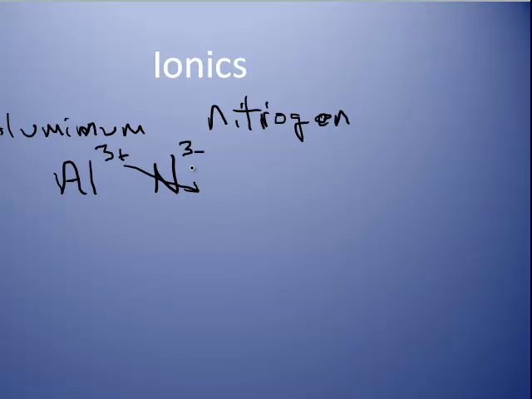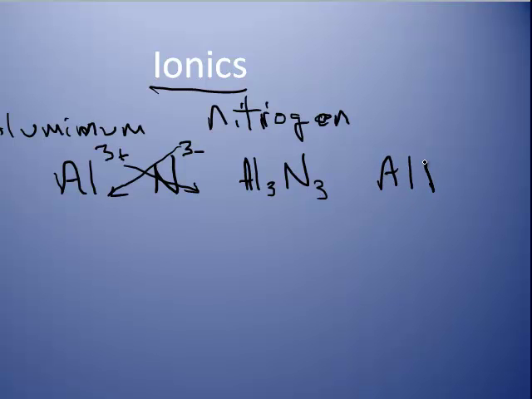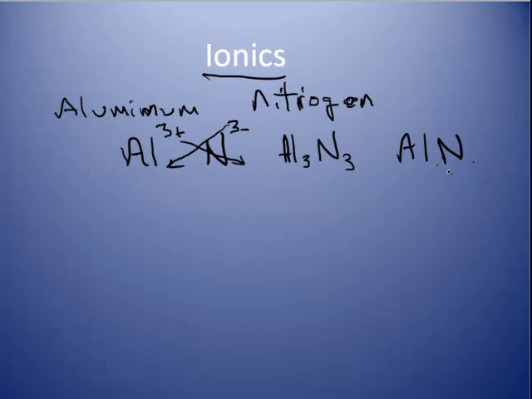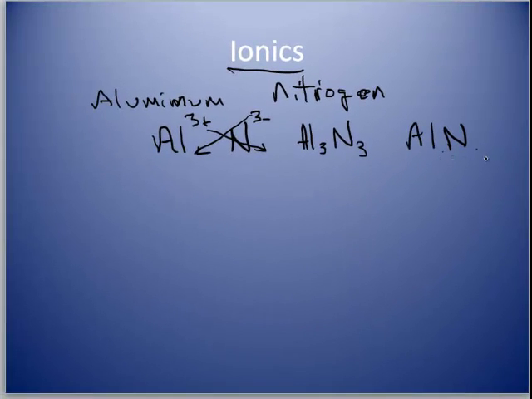So when we crisscross these two, the formula is going to be Al3N3. But remember, like what we said in class, when you have ionic compounds, we write them in the lowest whole number ratio. So Al3N3 would reduce to AlN. Since those subscripts are going to reduce to 1 and 1, we don't write the ones, they're implied.